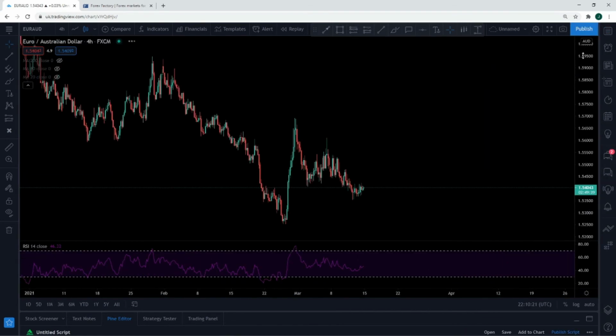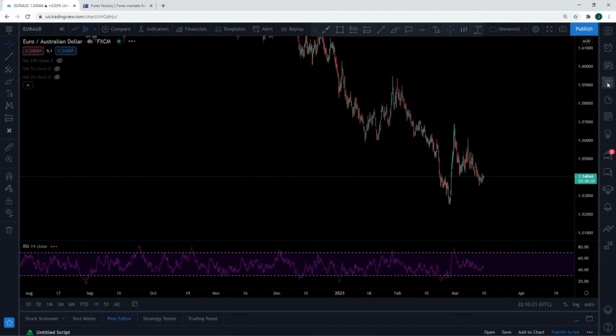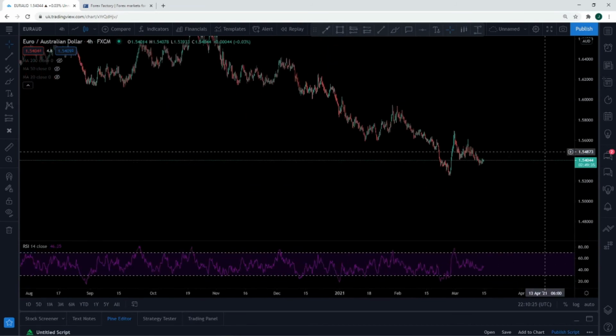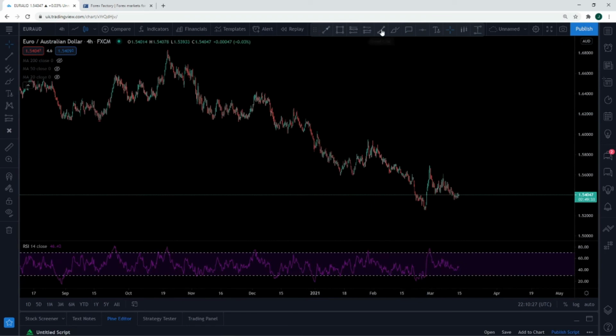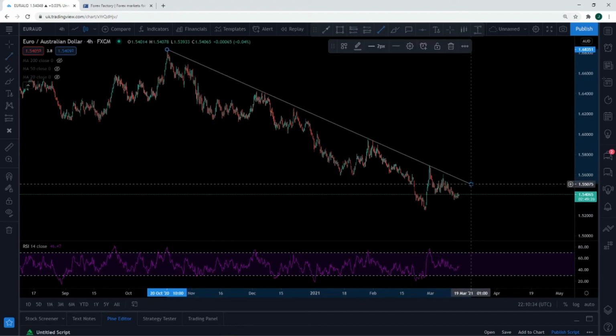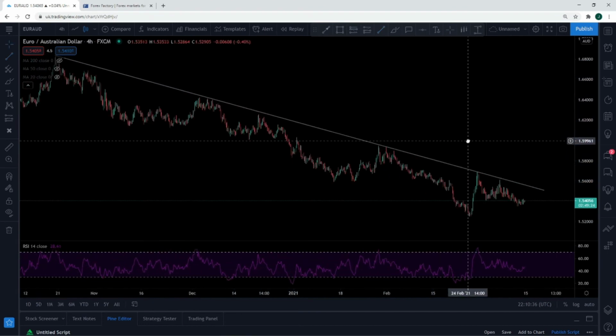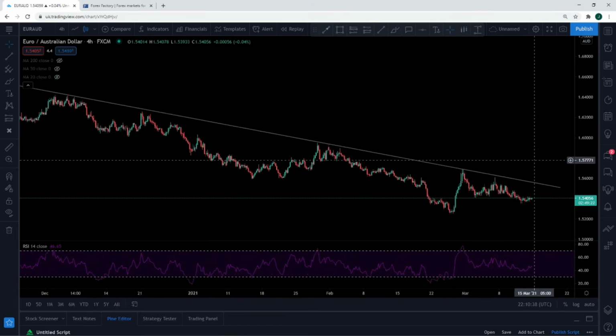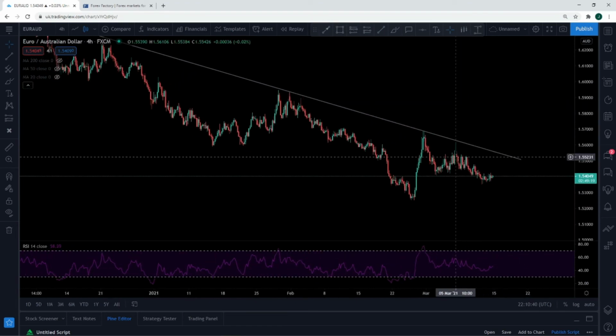So this pair has been bearish for months, trading to the downside in a very strong trend. So what I like about this pair, guys, we all know that it's been respecting this trend line. Look how many touches we had, guys. We had multiple touches on this pair.